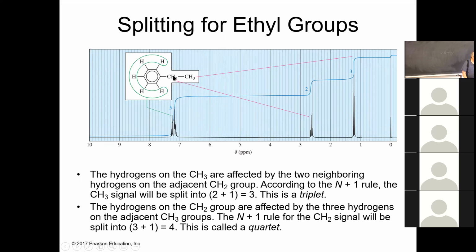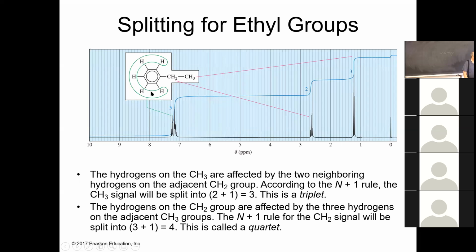The CH2 has 3 neighbors, so 3 plus 1 would be 4 lines. So the CH2 gives rise to a quartet. And then this is what we call a multiplet.